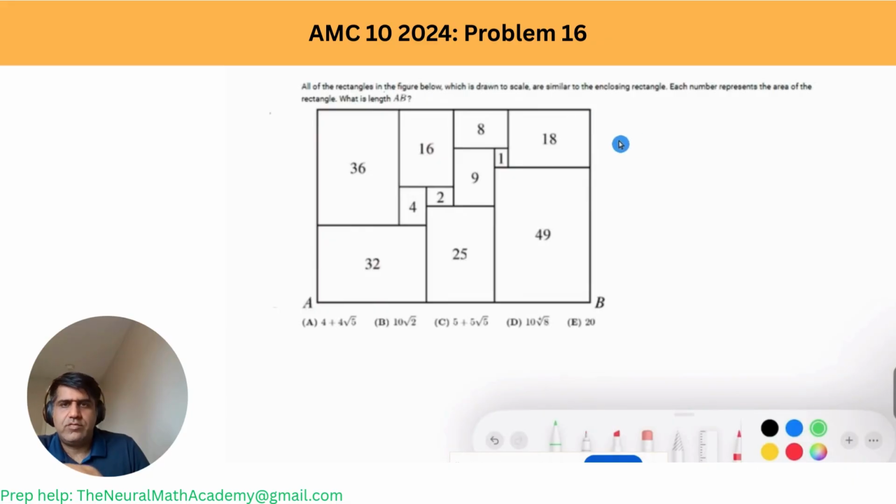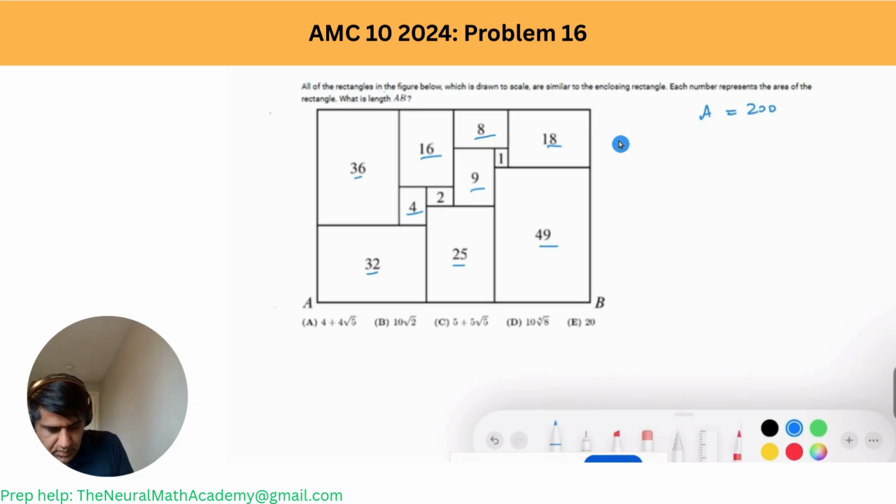So that will allow us to write the ratios of the corresponding side lengths equal to the square root of the areas. So first we will get the total area for this larger rectangle by summing up these areas. So if we solve, then we get area equal to 200 unit squares.